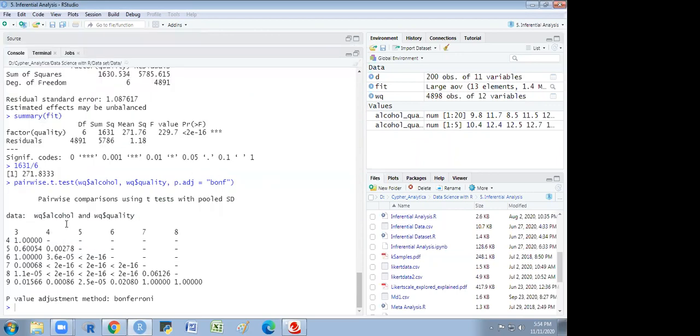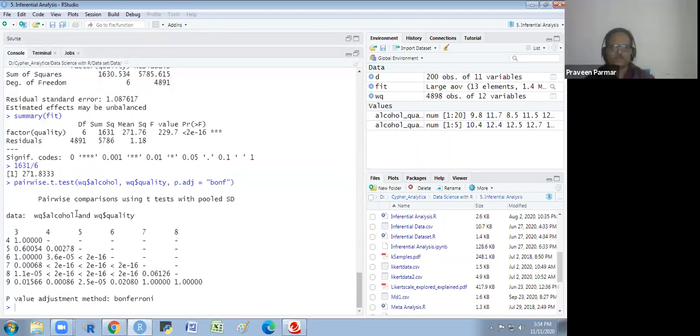We can use this instead of ANOVA. You see, there is a 3 and 4, there are p values. These are p values.